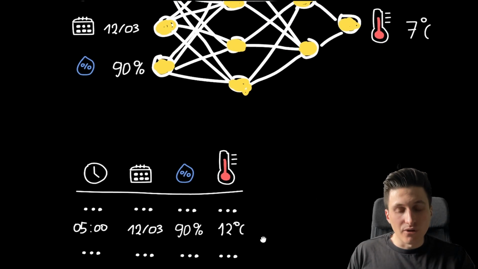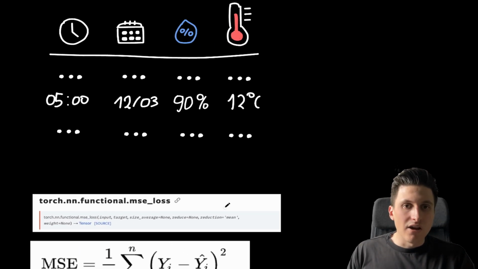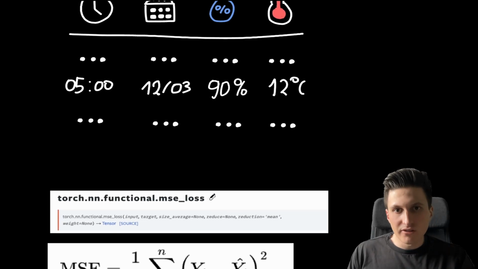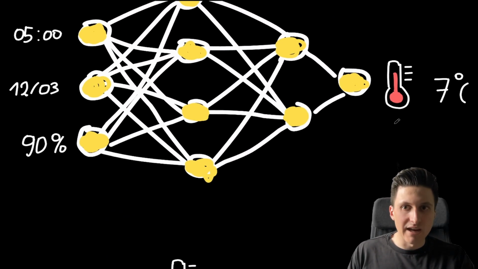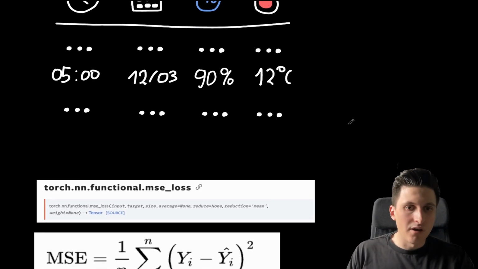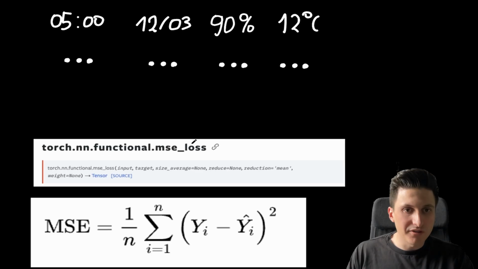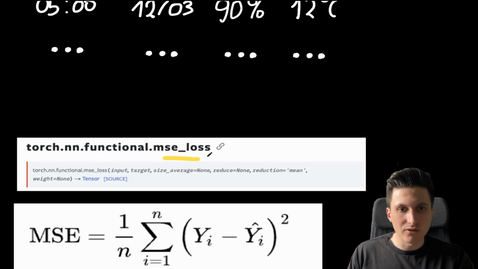So the loss function in this case is for such a regression task, this is called because we are predicting a real number, not some preset amount of classes. And for a regression task, what is often used is the mean squared error.